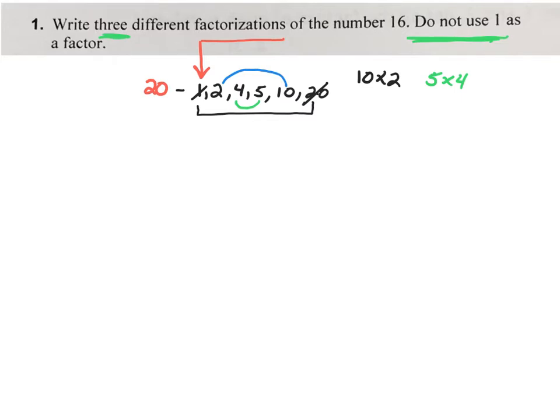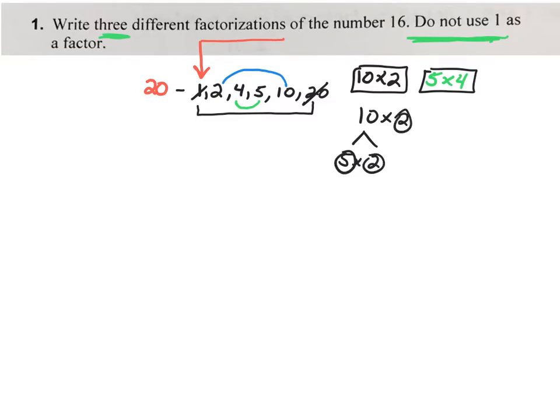So what you can do is take one that we already have. I'm going to circle the ones that we know are factorizations. We have 1, we have 2. Well, let's use 10 times 2, and then let's break the 10 down into 5 times 2. These are all prime numbers.